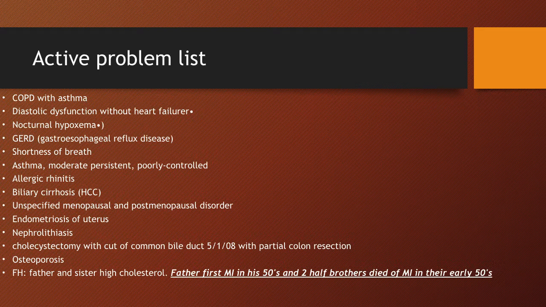Endometriosis of the uterus, nephrolithiasis, cholecystectomy with common bile duct with partial colon resection, osteoporosis, and you can see here that I have underlined and bolded also that her father's first MI was in his 50s, and two of her half brothers died of MI in the early 50s. So there is some cardiac disease history in this patient's life.